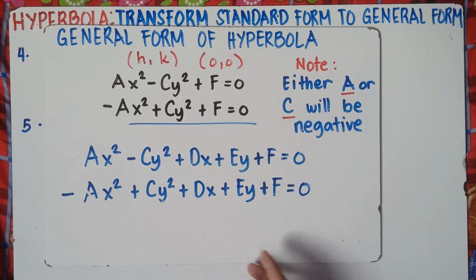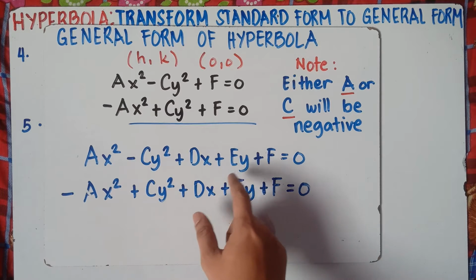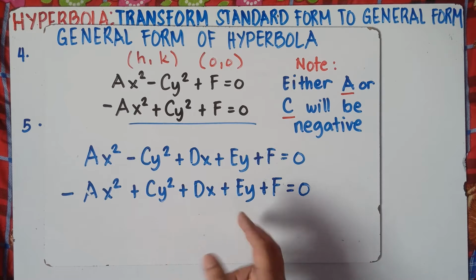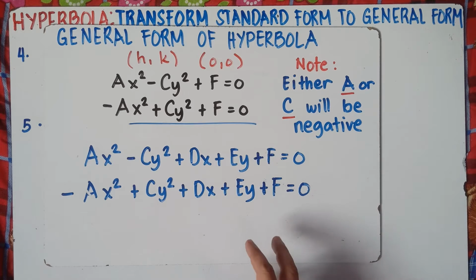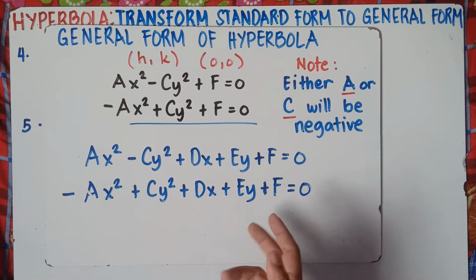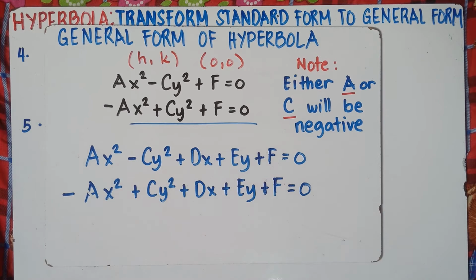There are some books that use b instead of c, for example ax squared minus by squared plus dx plus ey plus f equals 0. That's actually okay. It depends on the book and on the teacher which general form of the hyperbola they are using. But most of the books will be using this equation.